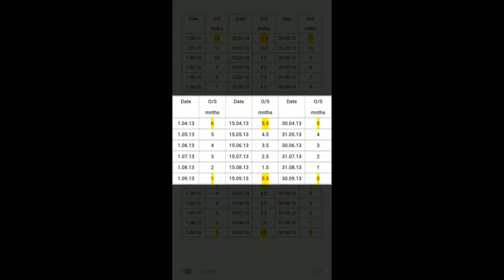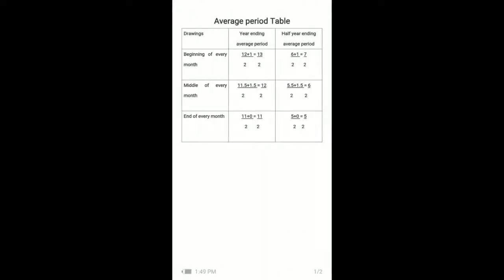Let us move on to the first page again and observe the table. I want you to know only the average periods. So beginning, middle, end of every month. For the whole year it is 13 by 2, 12 by 2, 11 by 2. So it's very simple: 13, 12, 11.